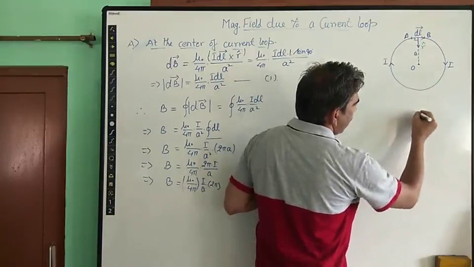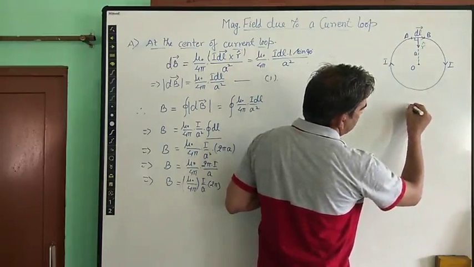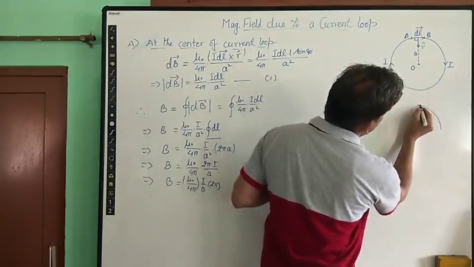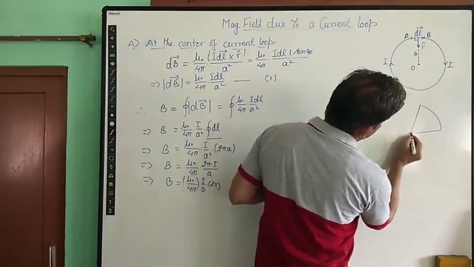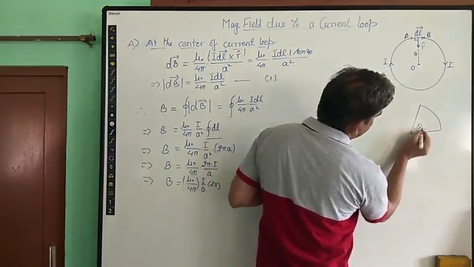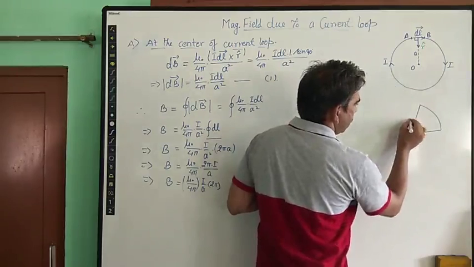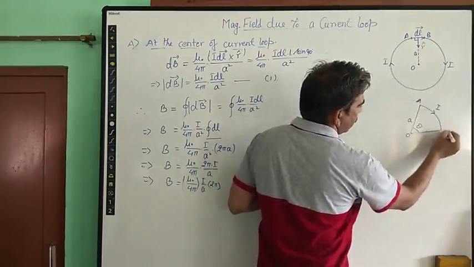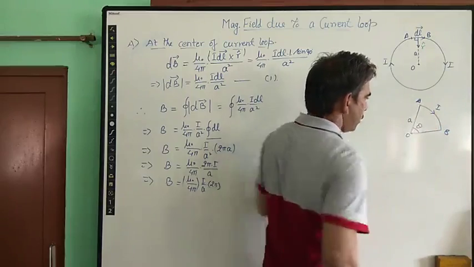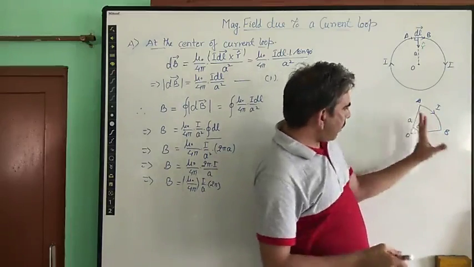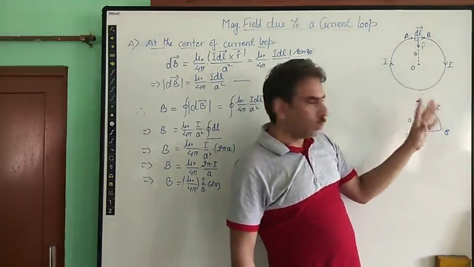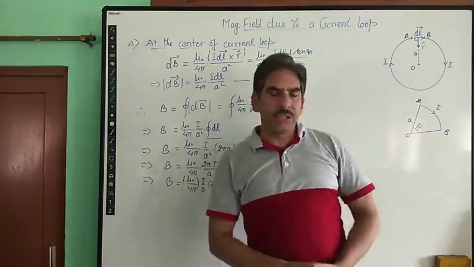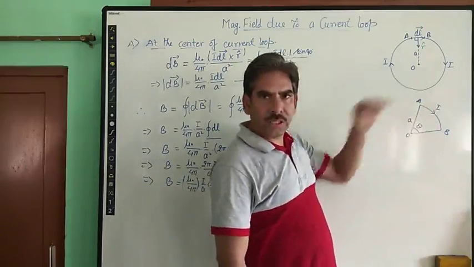For example, we have only a section which makes an angle theta at the center. So this is the situation. We may come across situations where we have only some part of this current loop which is making an angle theta at the center. So what will be the magnitude due to only this much part of the loop?